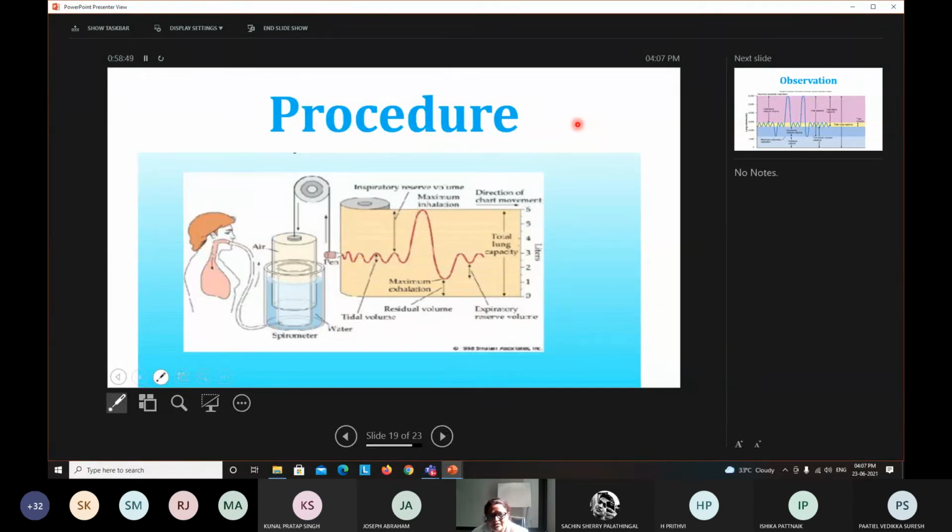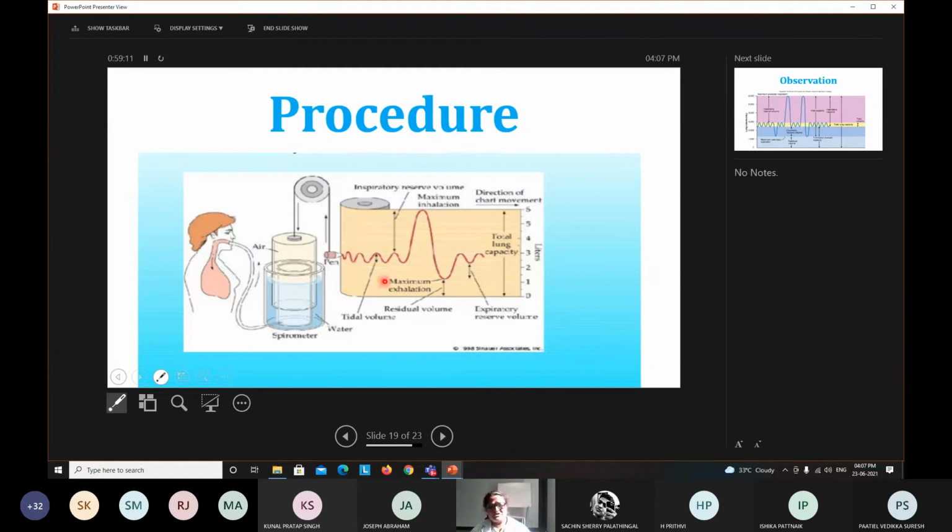In static, there is no time factor, whereas in dynamic lung functions, there is use of time factor. One dynamic parameter we are also going to measure using this. I will explain the next step, but the remaining are all static lung functions which we are going to measure.